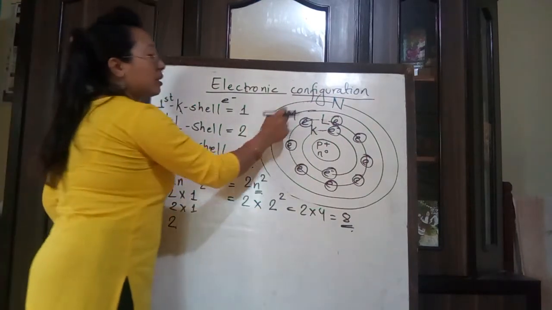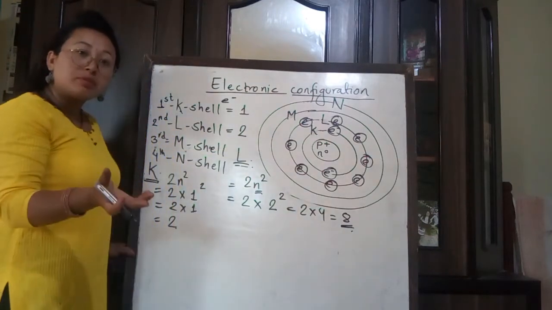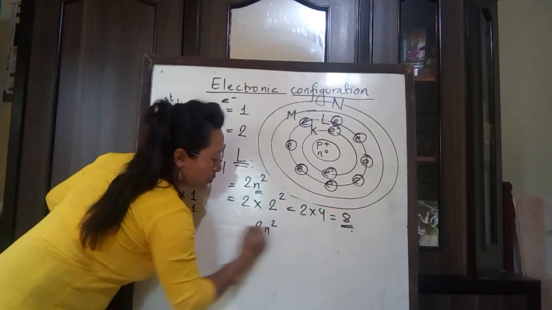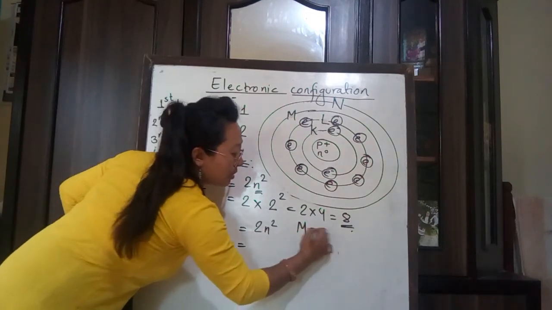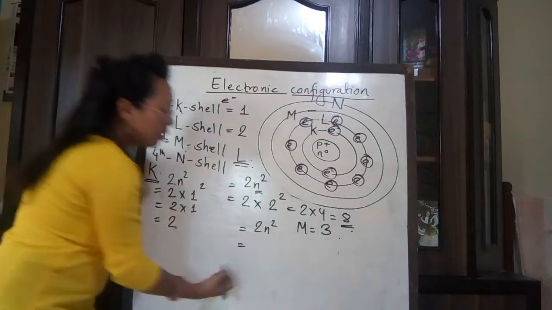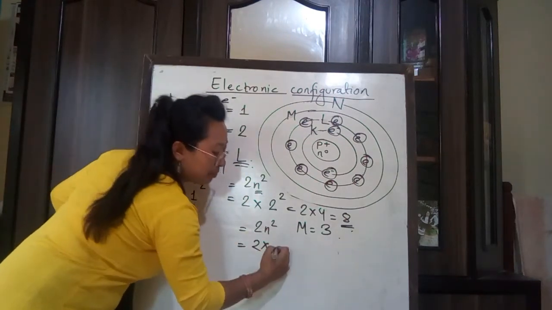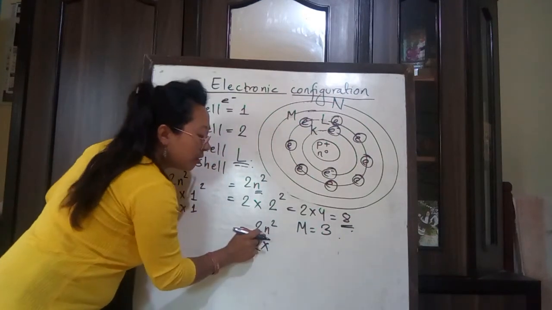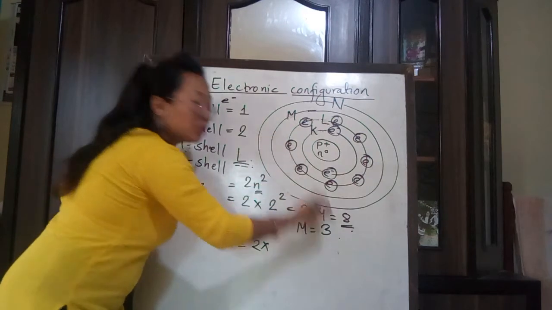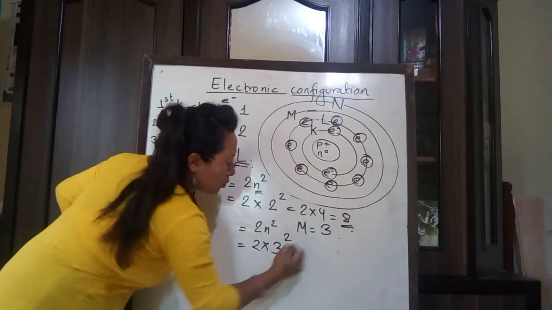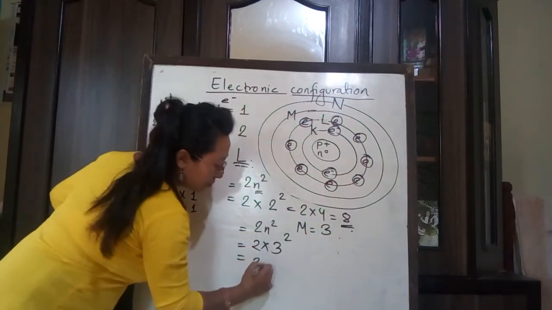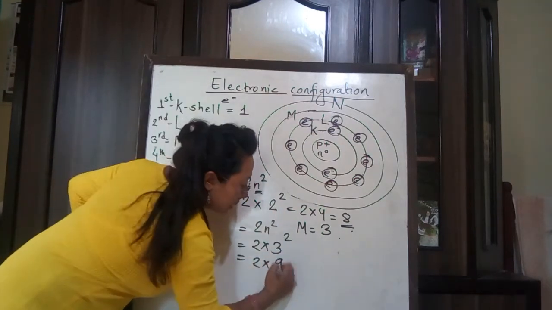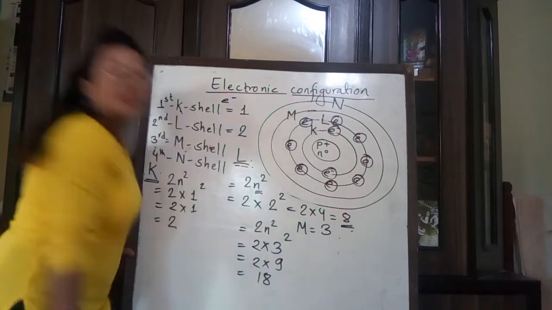Similarly now the M cell. Can you find out? Same process, 2n square. M lies in the third position, cell number 3. So the value of n will be substituted by 3. 2, 3 square means 9. 2 into 9, that means 18.